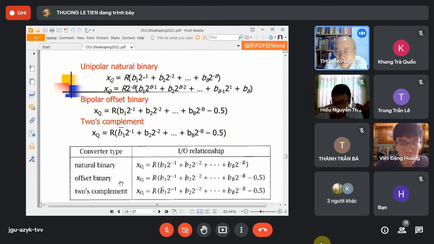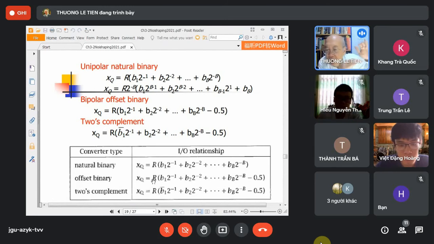How about the offset binary? Because offset binary and two's complement are bipolar, lưỡng cực, that means we have a half for the negative part and a half for the positive part of the full scale range.